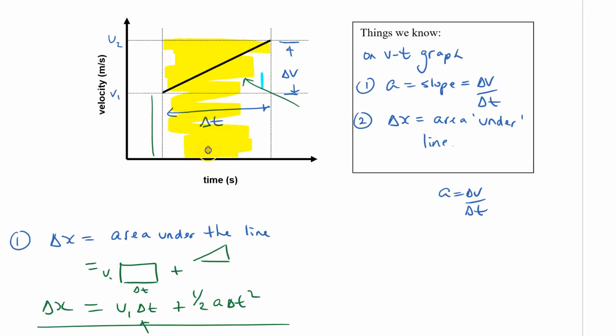So I could say, well, I've got this really big rectangle, which, by the way, would be equivalent to if it was going at a constant velocity. If it was going at a constant velocity like this the whole time, and its constant velocity was its final velocity, then it would have gone much farther. So then we have to subtract the area of this rectangle here.